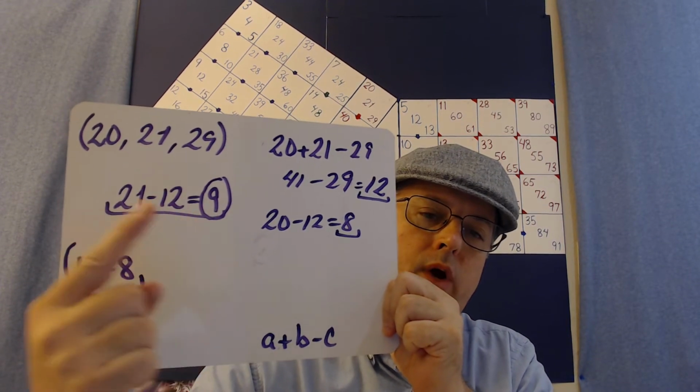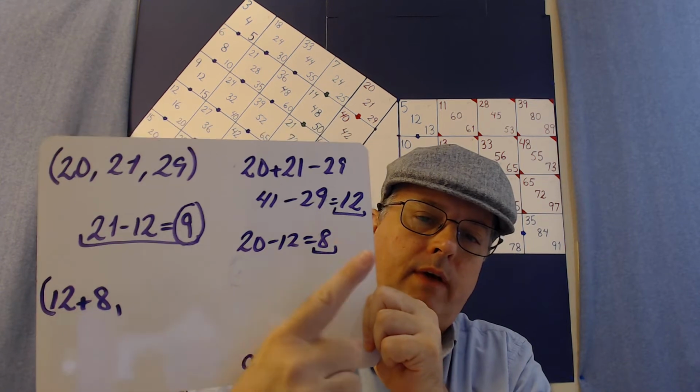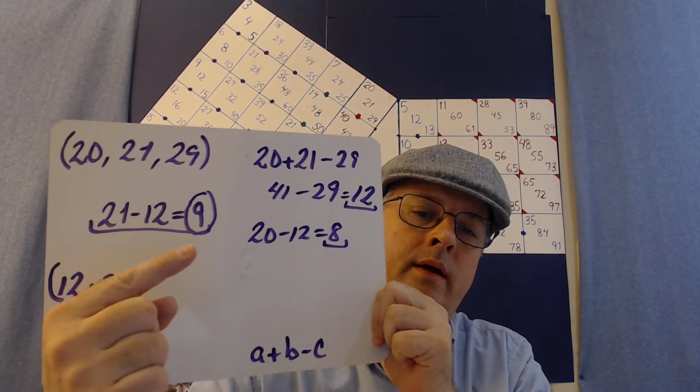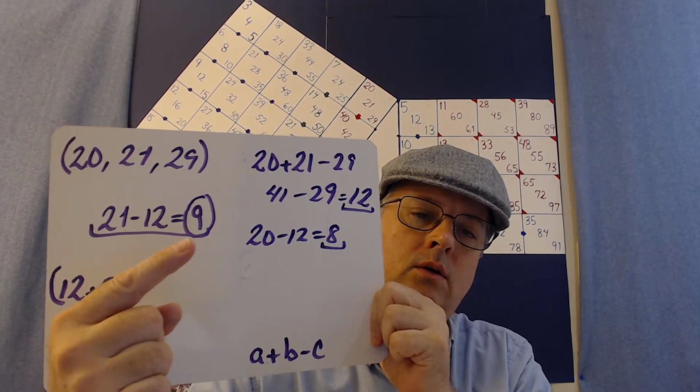And then we subtracted the 21 minus that value 12, and that gives us 9. So 9 plus 12 will be 21.